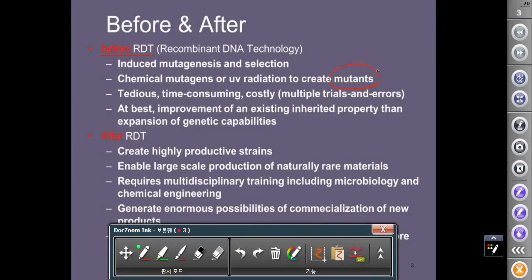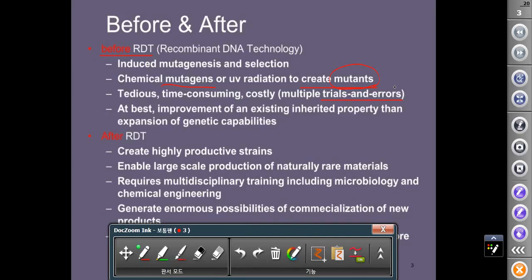So before RDT, the only thing that people could do was to introduce some mutagens to create mutants. Okay, so that was quite a trial and error approach, and it was quite random. You don't know which mutant will produce which type of phenotype. You never know. So if you get lucky, then you get some good phenotype from some mutant that you tried. And usually that doesn't happen quite often.